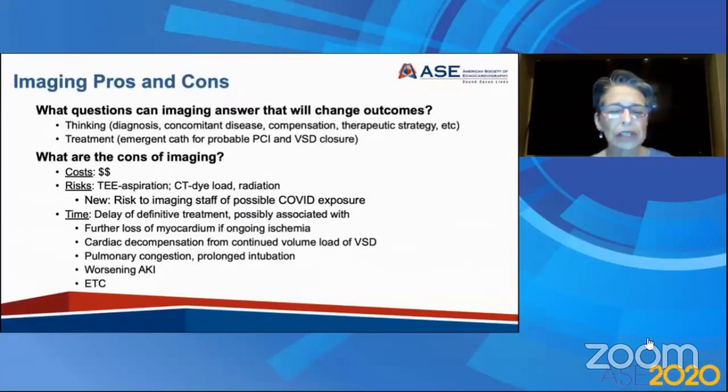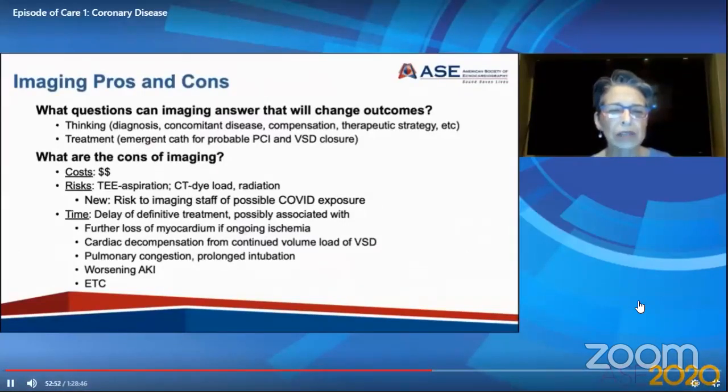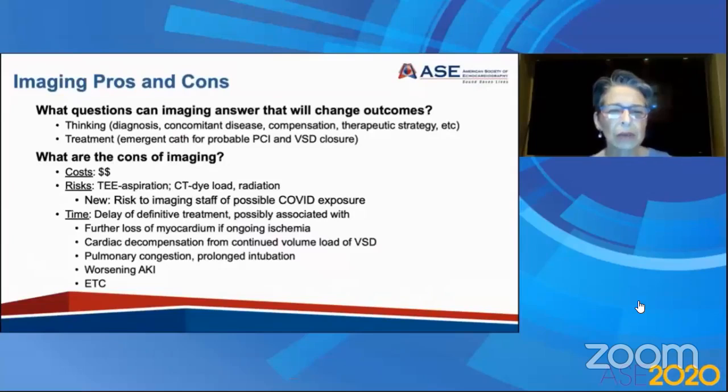So what questions in this patient at what stage of his workup can imaging answer that will change outcomes? Our thinking about the patient, concomitant disease, compensation, and our treatment, such as emergent cath for probable PCI and VSD closure. What are the cons? Obviously the costs. The risks are the risks of the test. And there's the risk to imaging staff of exposure to COVID.